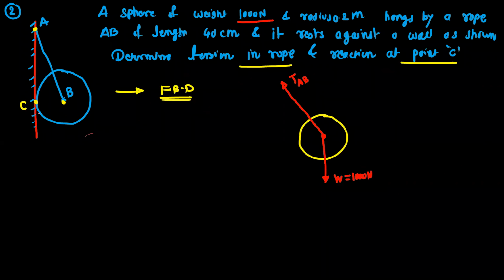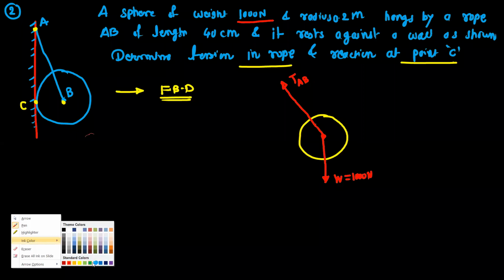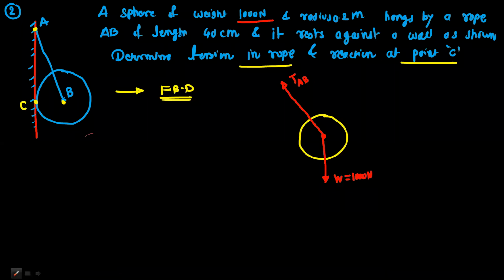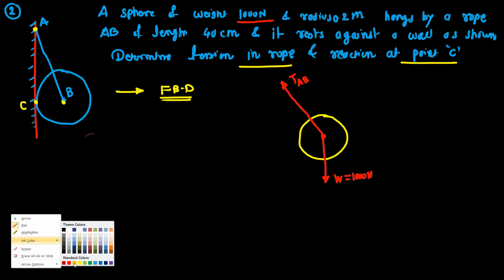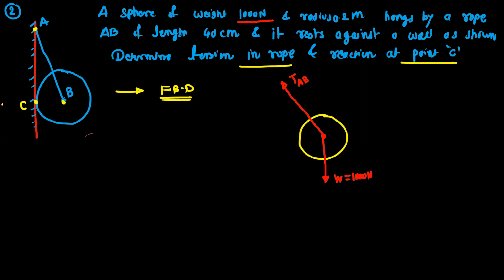As it is supported by this vertical wall. So this wall will offer the reaction like this. So this wall will try to push the cylinder or the sphere in the rightward direction, okay, or along the positive x direction. So we have to show this reaction at this point.